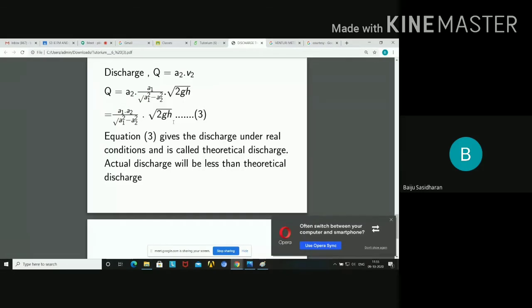This equation 3 gives the discharge under ideal condition, and is called the theoretical discharge. Normally the actual discharge will be less than the theoretical discharge.